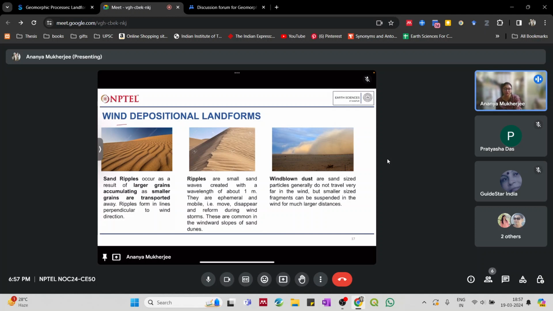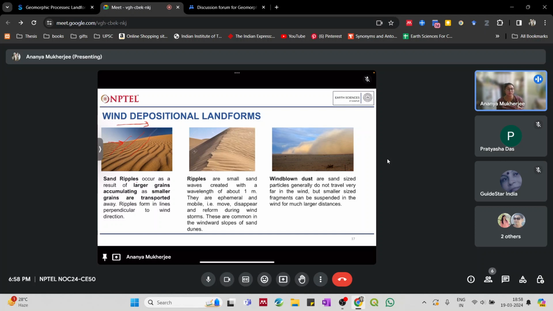Suppose the wind is blowing from the left to the right, these ripples are formed perpendicular to the wind direction. Sand ripples have larger grains, they are made up of larger grains.